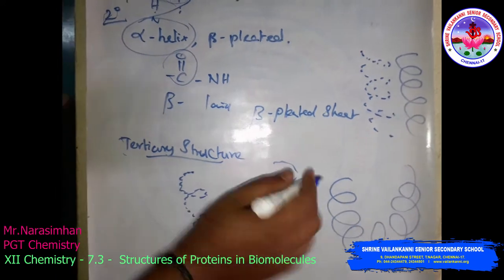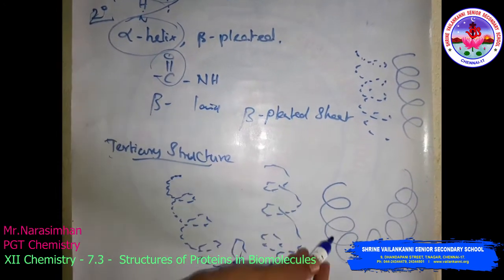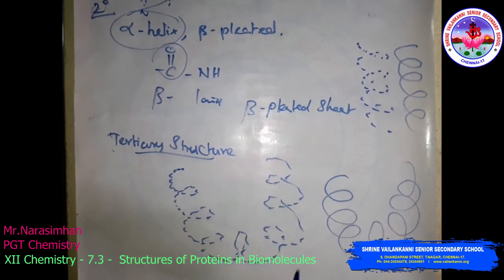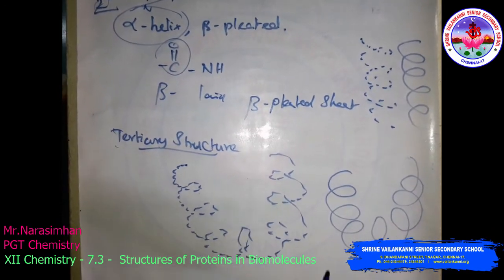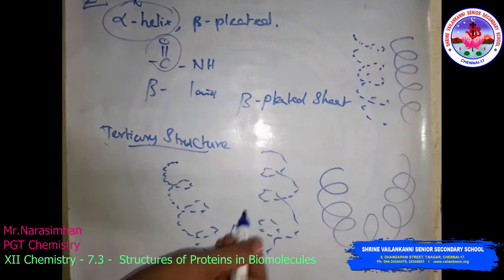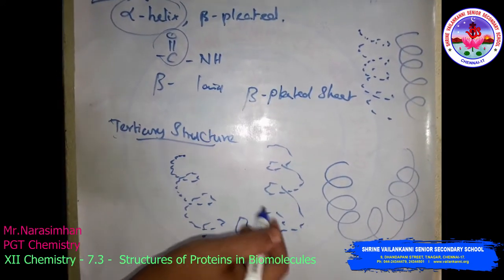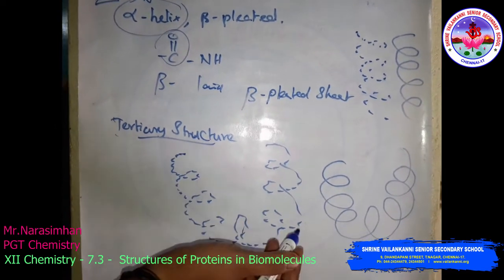It gives rise to two major shapes, that is fibrous and globular. The main forces which stabilize the secondary and tertiary structures of proteins are hydrogen bonds and disulfide linkages. There are also van der Waals forces and electrostatic forces of attraction.